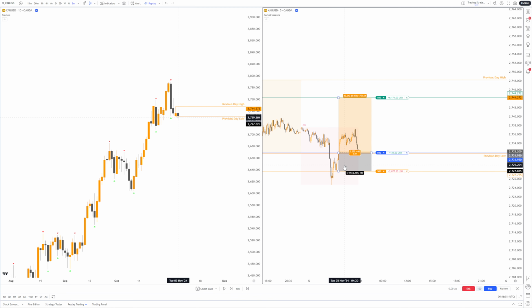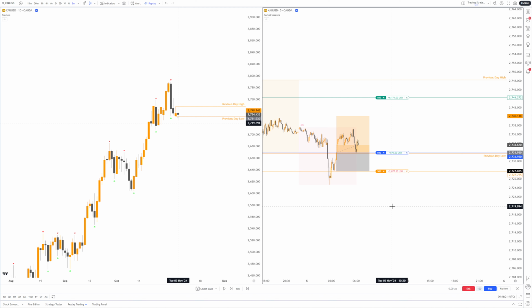But in this case, had I moved my stop loss earlier, that may have meant my stop loss being hit at break even. So let's see, if it were to reach 2 to 1, which is about there, if price reaches about there, I'll move my stop loss to break even, and let's see what happens.